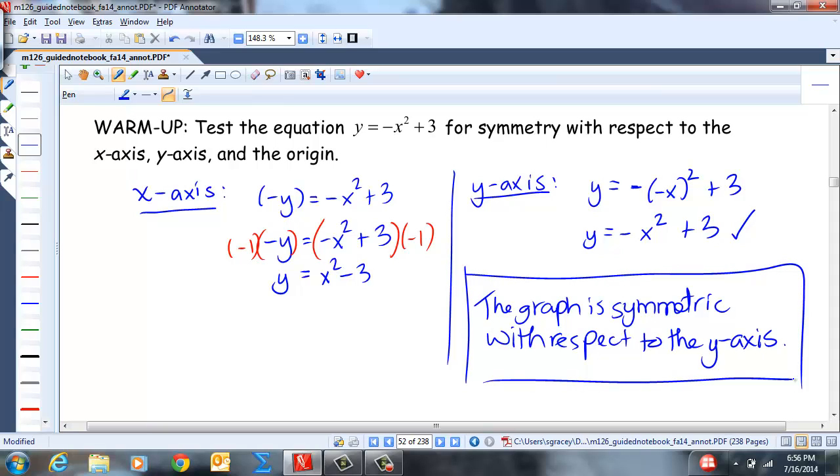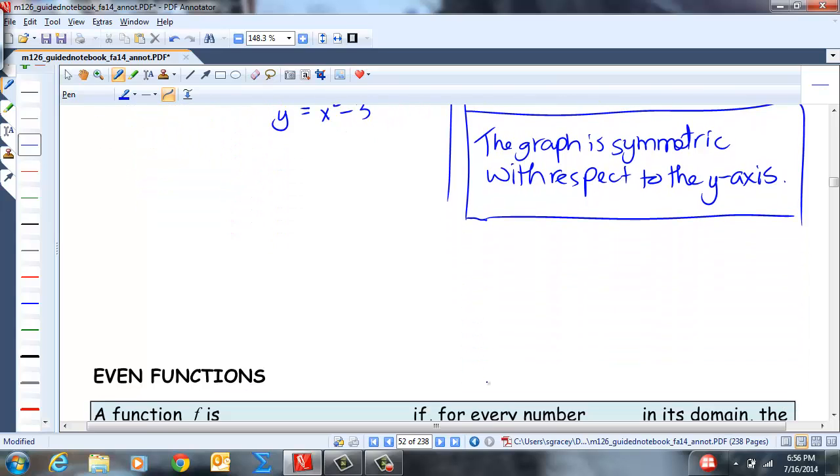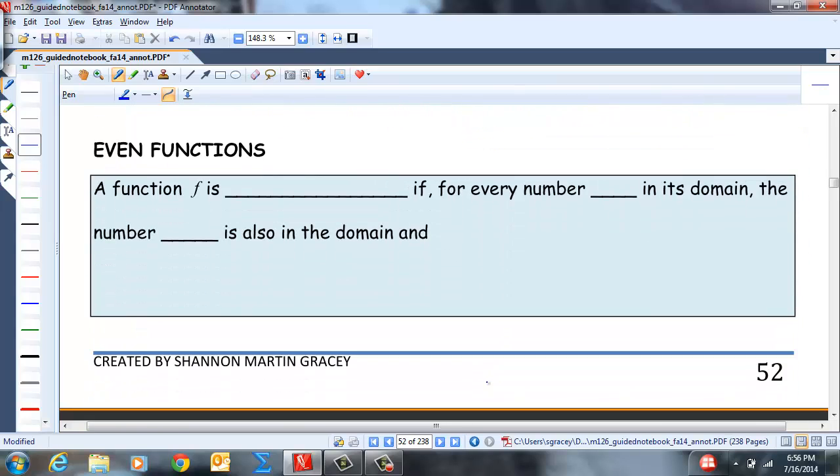All right, so here we go. Even functions. A function f is even if for every number x in its domain, the number negative x is also in the domain, and if you evaluate the function at negative x, you get the original function back.